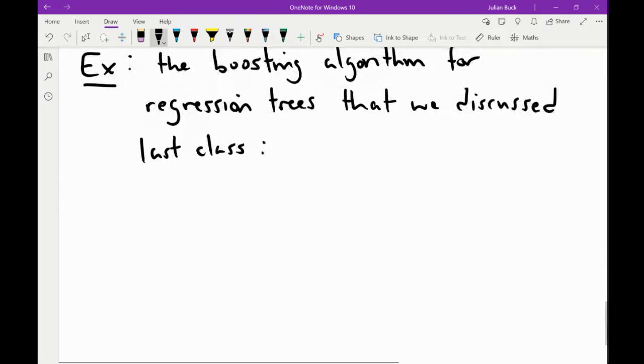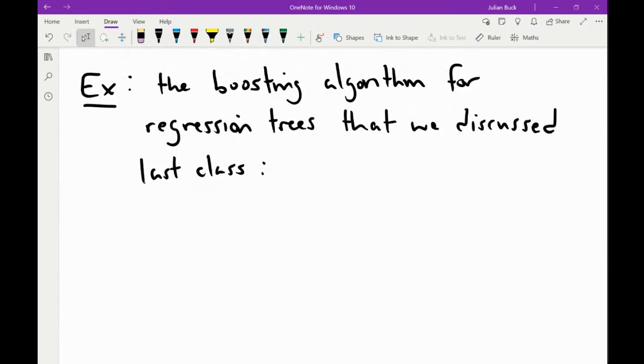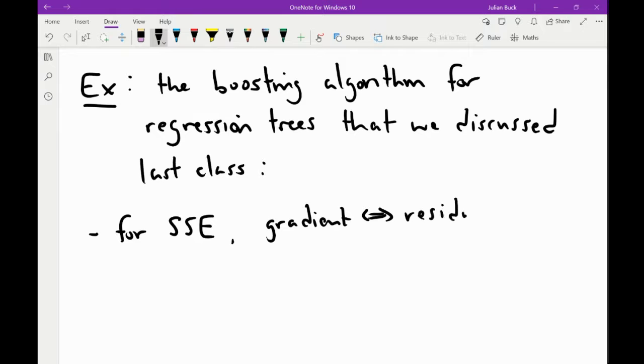Now, how does it work in this context? In the case of boosting regression trees, we're looking at sum of squares error. For sum of squares error, the values of the gradient correspond to all the residual errors. So minimizing the gradient is essentially the question of minimizing the residuals.